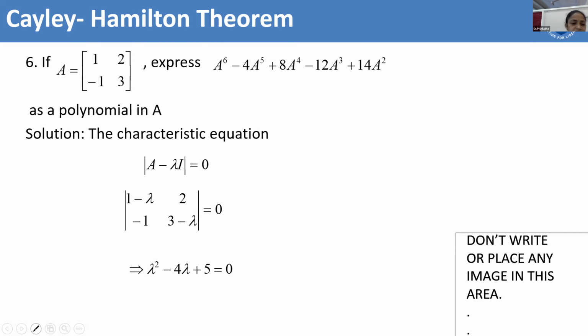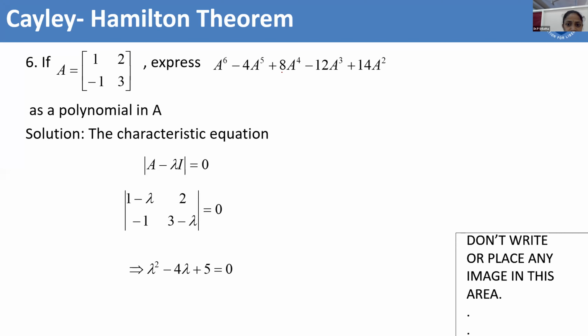So now we'll discuss the Cayley-Hamilton theorem second method. That is, if A equals [1, 2; -1, 3], express A power 6 minus 4 A power 5 plus 8 A power 4 minus 12 A cube plus 14 A square.